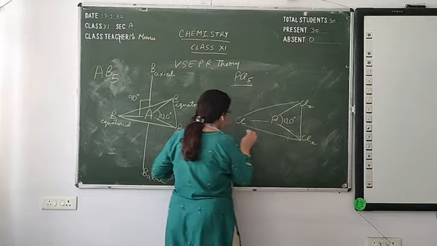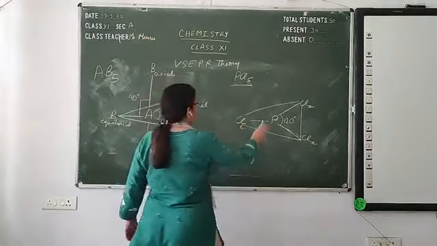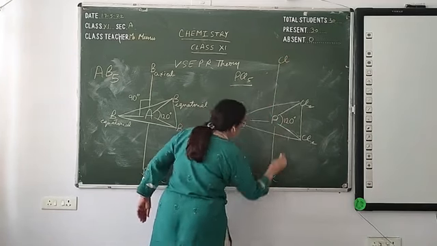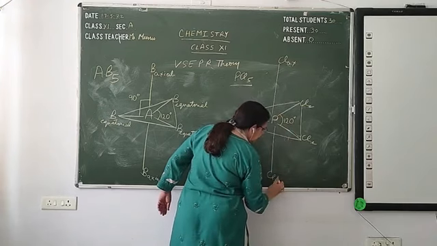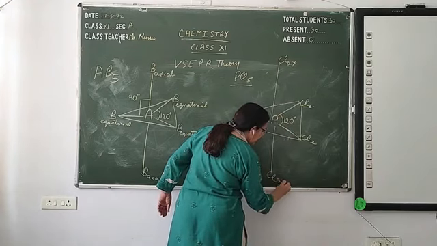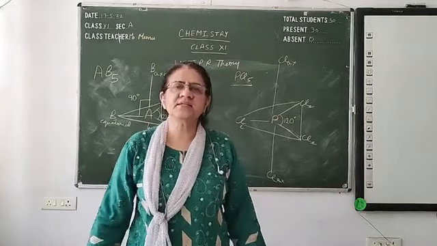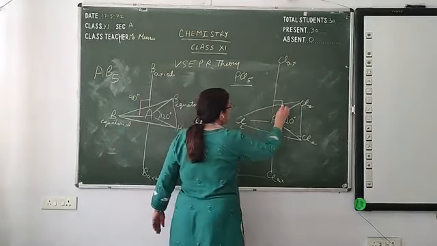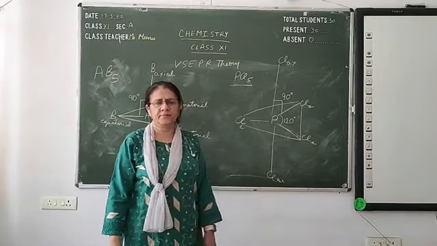These are called as equatorial chlorines, and one chlorine is above this plane, another chlorine is below this plane. These are called as the axial chlorines. Okay. So let us see the bond angles. Here the bond angle is 90 degree.